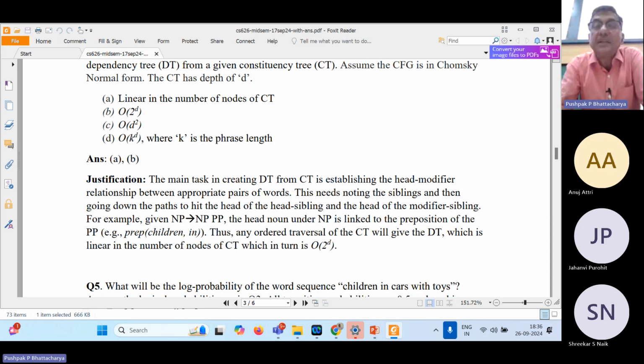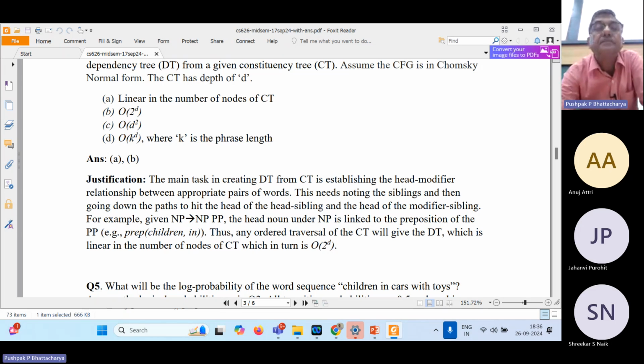This needs noting the siblings and then going down the paths to hit the head of the head sibling and the head of the modifier sibling. For example, given NP goes to NP PP, the head noun under NP is linked to the preposition of the PP. So you will have to create a relation between prep, children, and in.